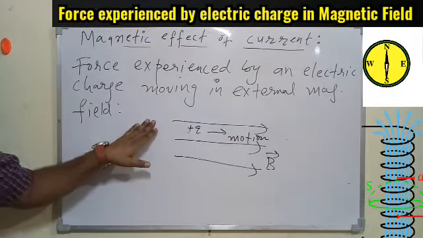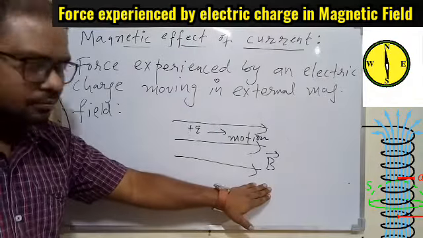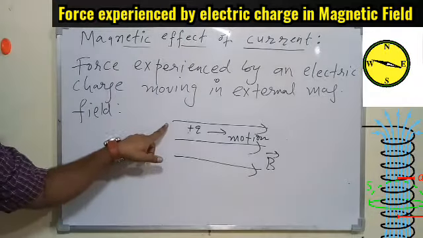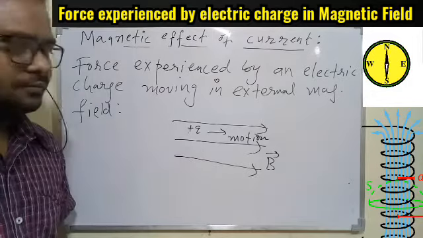I'm repeating again. We have the external magnetic field B, which is uniform, or we can say constant, and within that field there is a positive charge that is in motion.